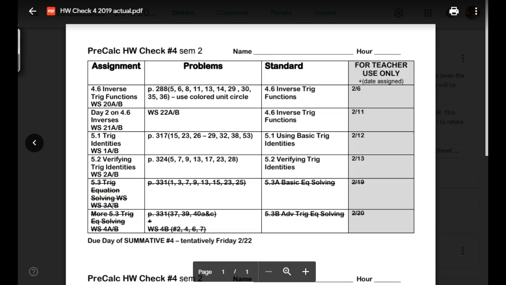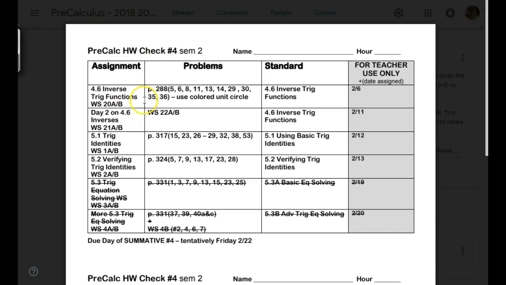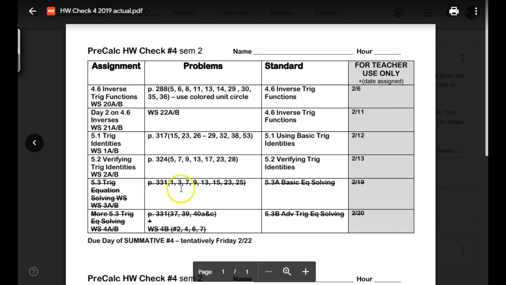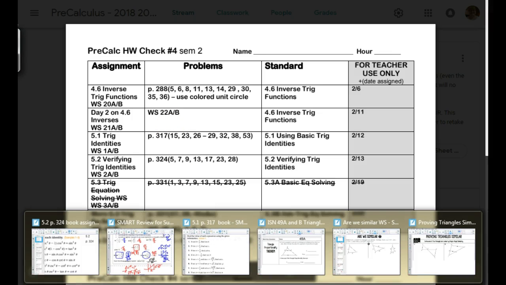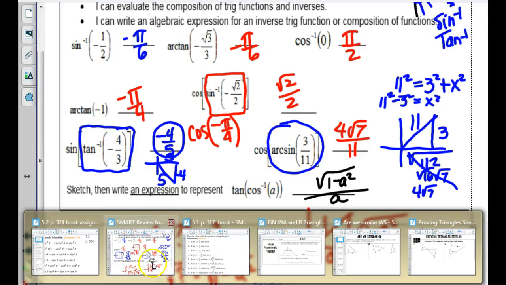You are turning in a homework check tomorrow for summative 4, but we have not done 5.3. So you just have 4 things due: 5.1 and 5.2 bookwork, and the bookwork and the worksheet on 4.6. Everybody good? I put it in the Google Classroom and told the other class, but I keep forgetting to show you guys.